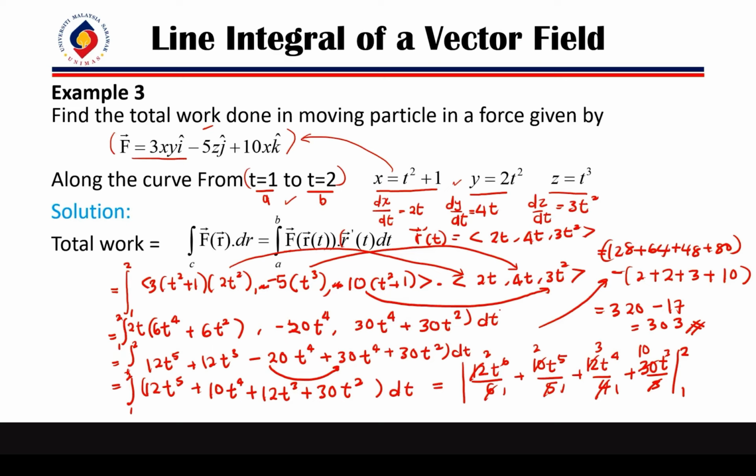As you can see here, the solution for the work done is almost similar to the line integral of a scalar field. The line integral of a vector field is almost similar to the line integral in a scalar field.